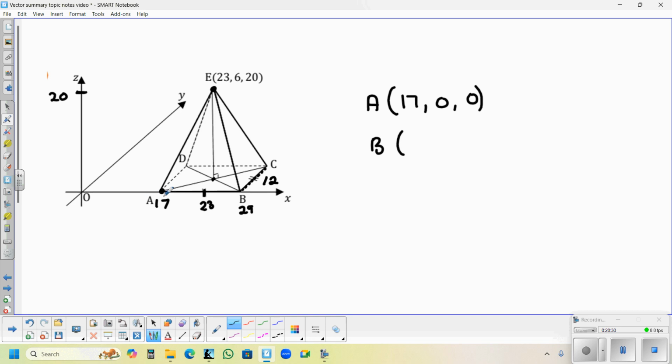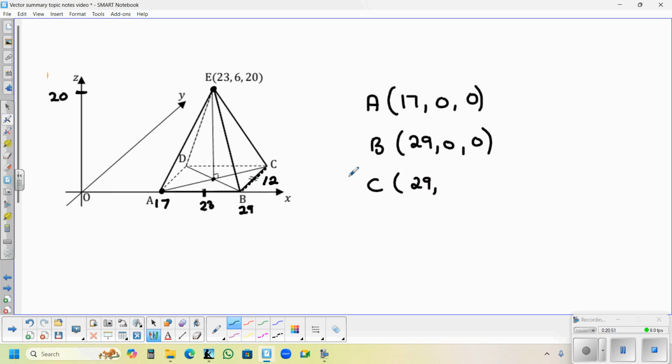On the x-axis, I've got to go right along to 29. I'm not going back any, so it's 0 on the y-axis, and I'm not going up any, so it's 0. Point C will follow from the origin. For point C, I've got to go right the way along to the end of that, which is 29.